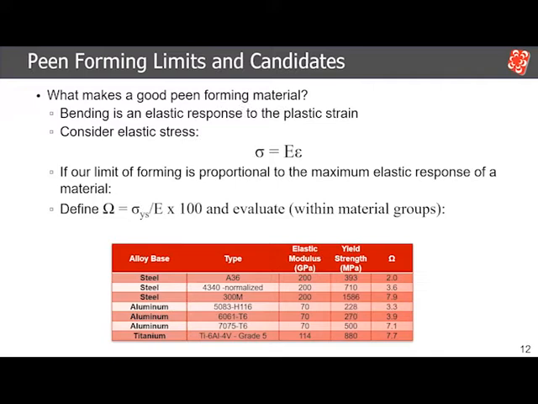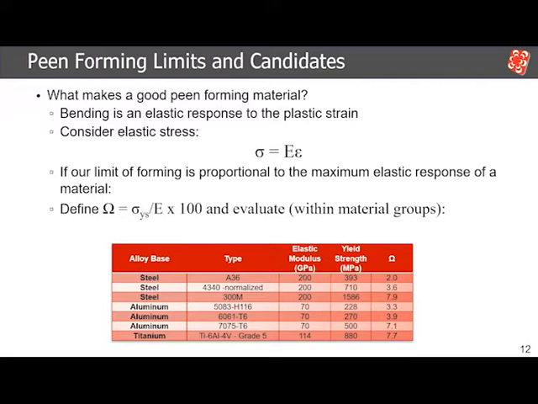And as we discussed in those earlier slides, if we consider that the peen forming ability is going to be based on the elastic response of the material, we can look at the elastic properties of the material in relation to its actual strength values to get an idea of how much elastic strain energy basically can be stored inside of a peen formed material.